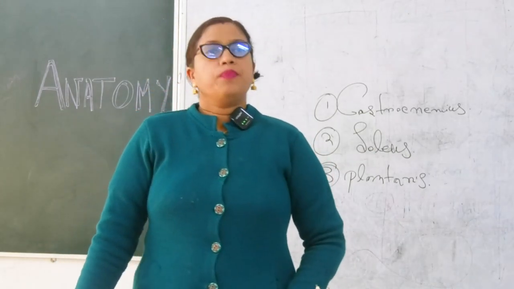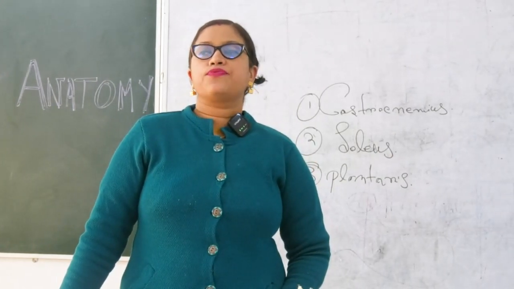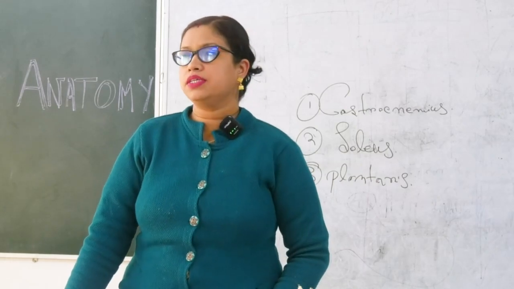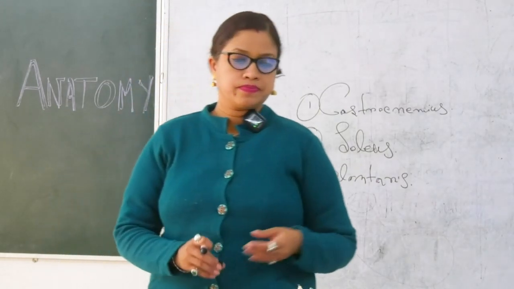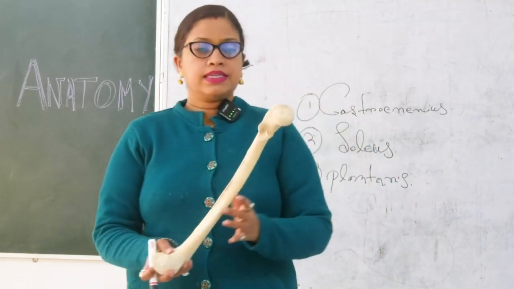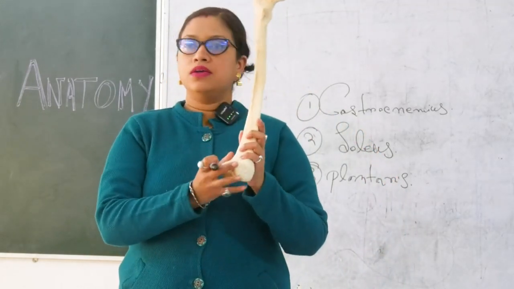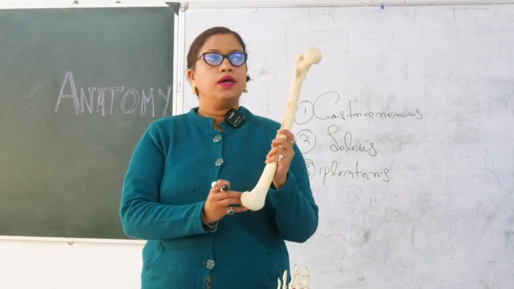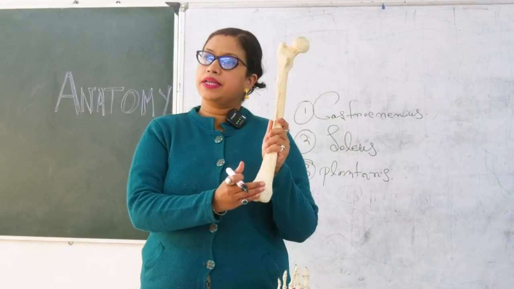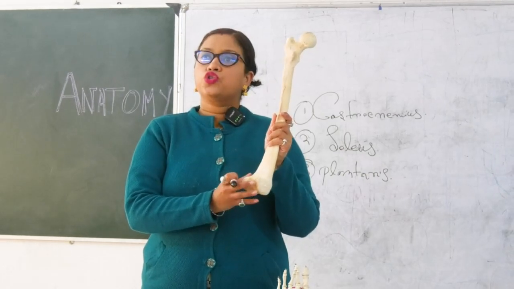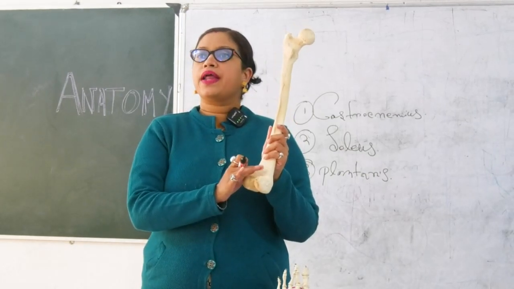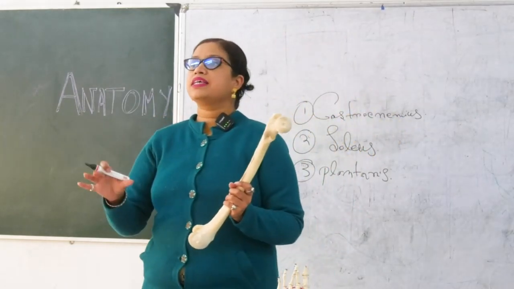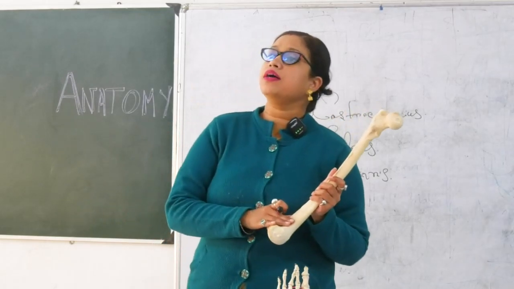At first write it down, the medial head origin is from, who will tell me? This is the femur. At the lower part it has two condyles. This is the medial condyle, this is the lateral condyle. So write the posterior superior aspect of the femur. It is very important: although it is a muscle of the leg, it takes origin from the femur.